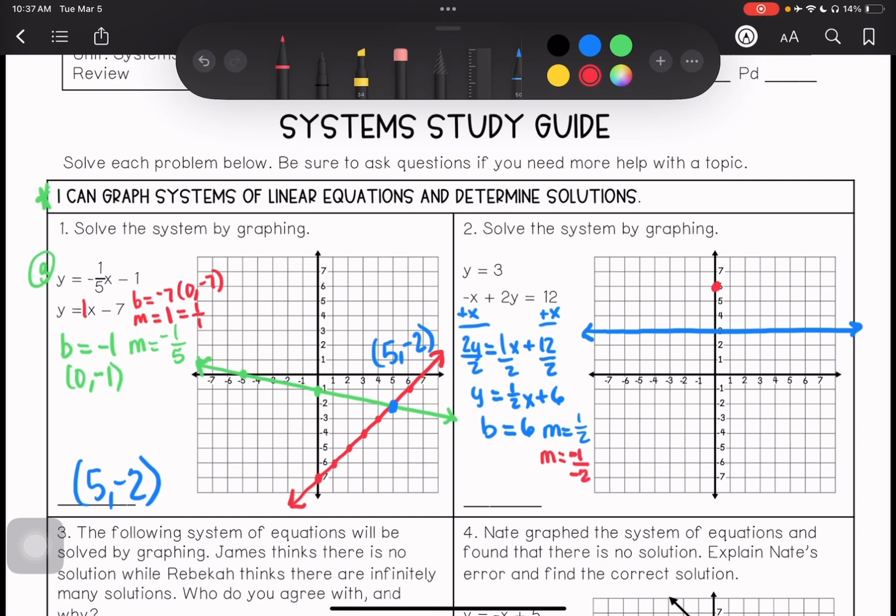So I'm going to go down 1 and to the left 2, repeating that several times. And then I'll draw my line. And then you see the point of intersection is right here, which is the ordered pair (-6, 3). So the solution is (-6, 3).